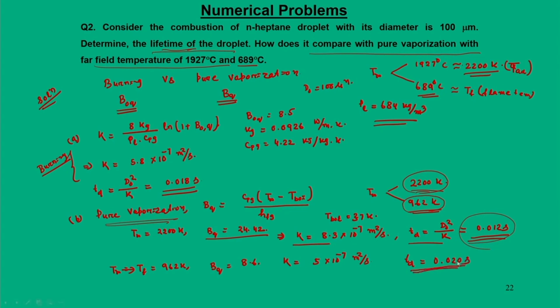So when our ambient condition is approximated at the flame temperature, the pure burning model and pure vaporization model give close matching. This shows that the pure vaporization model, with very good approximation, can also lead to the concept of droplet burning.